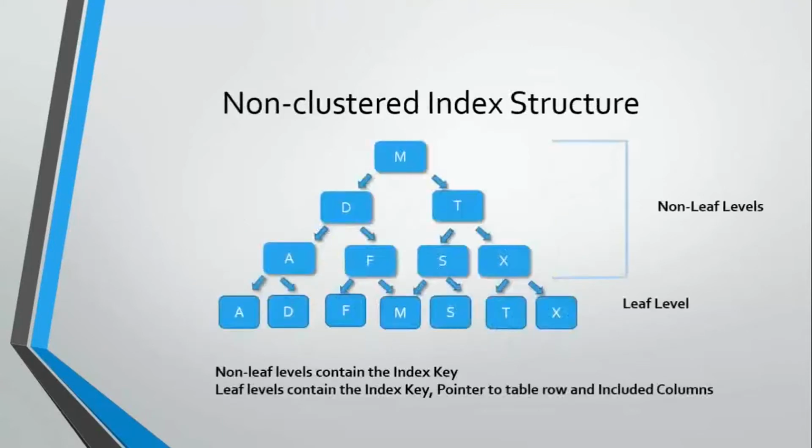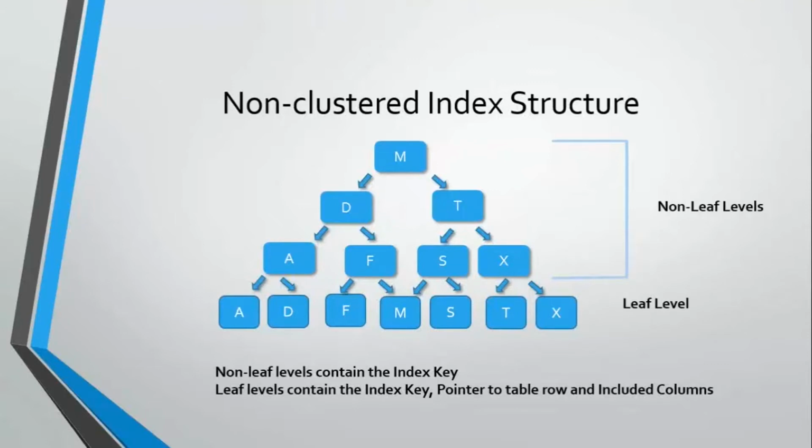So the non-clustered index structure looks a whole lot like the clustered index structure. The difference is that the non-leaf levels contain the index key, just like in a clustered index. The leaf levels contain the index key plus a pointer to the table row and some included columns if they exist.